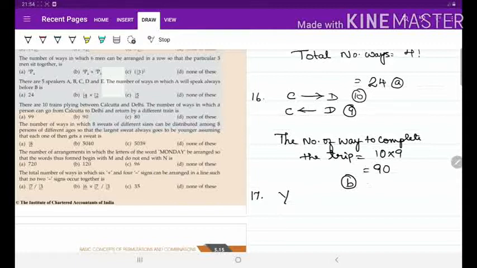Let Y be the youngest person who is getting the largest sweet, and the rest of the 7 persons will receive a sweet each. So we have 7 sweets remaining and 7 persons, which can be done in 7 factorial ways. So 1 into 7 factorial is the total number of arrangements, which is equal to 5040. Option B is the answer.